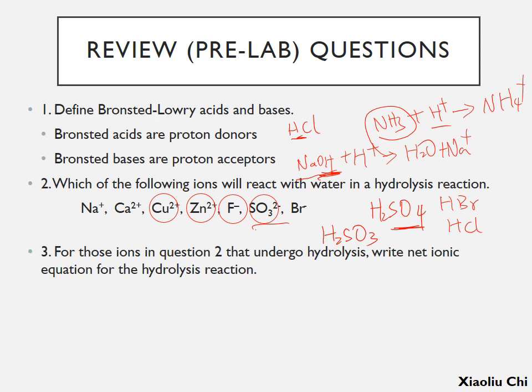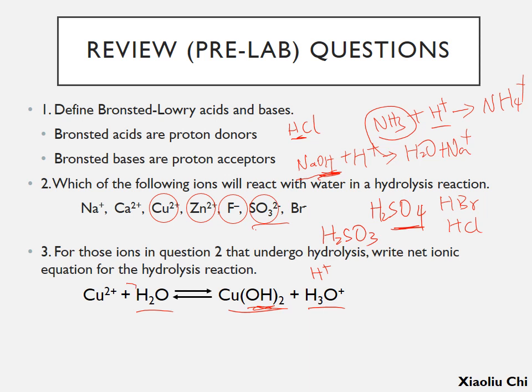So for copper ion, it reacts with water, so it will go back to the weak base, copper hydroxide. After hydroxide is taken away from water, you have hydrogen ion. If we write it as hydrogen ion instead of hydronium, then you need to add 2 water, because 1 water gives you 2 hydroxide.